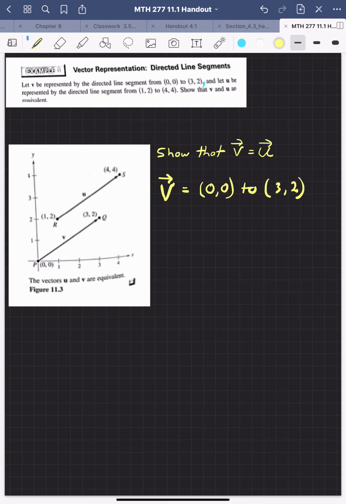Now, we can think about the initial point, since we're moving from the origin, from 0, 0 to the terminal point, which we can just label as Q. So this is how we can make the statement that V is simply equal to this directed line segment, P to Q. I'm going to do the same thing with U. Let me get back up here and read. It says, and let U be represented by the directed line segment. Now we're going from 1, 2 to 4, 4.